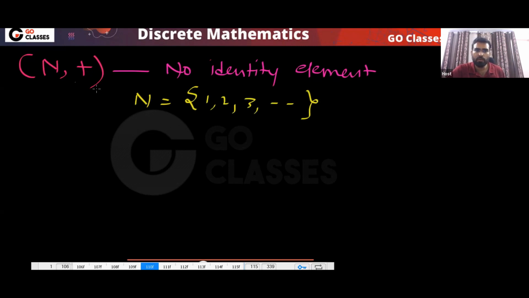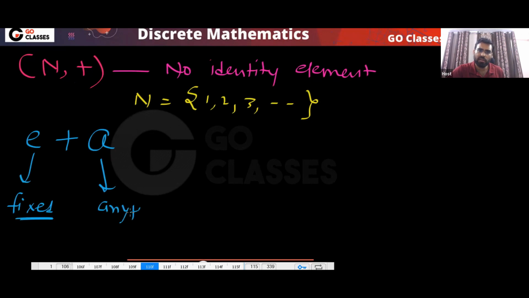Why? Because the identity element means E plus anything you take, remember this E is fixed, and here you can take any element A belonging to N. Then this should be the same as A. Is there any element for which this will happen?